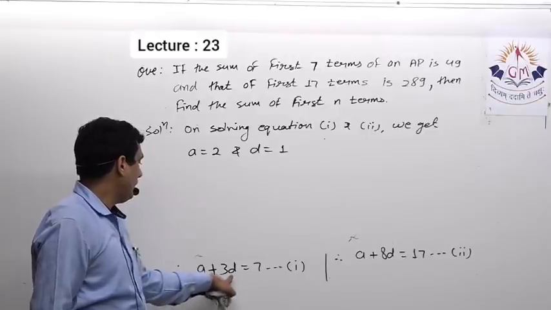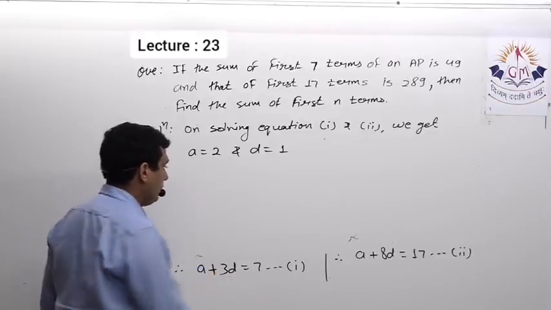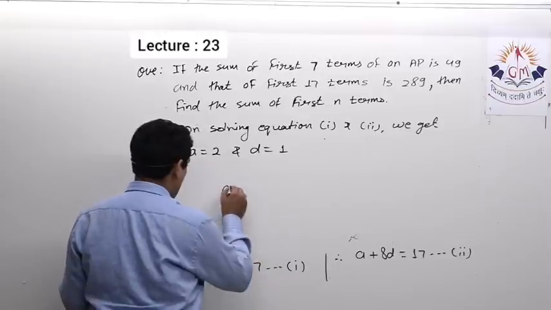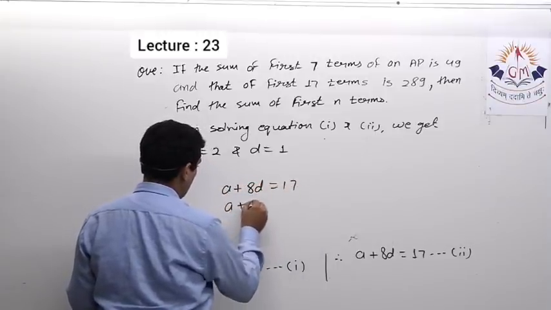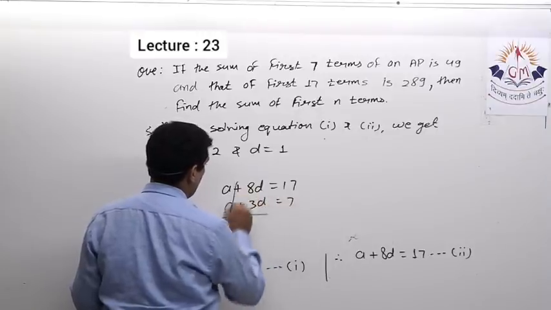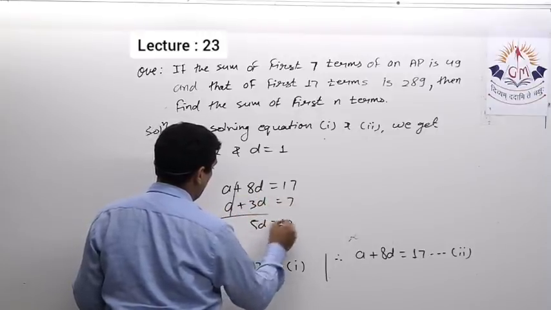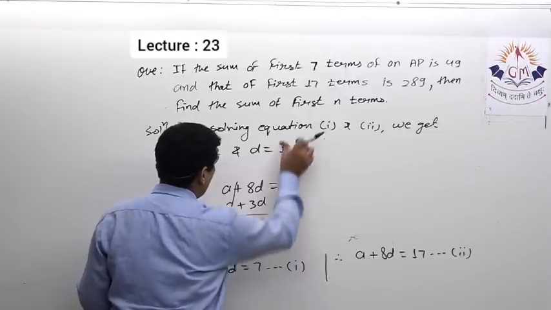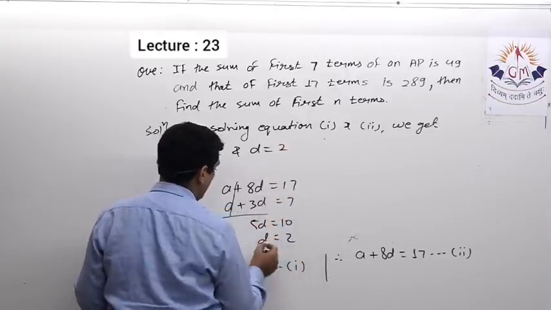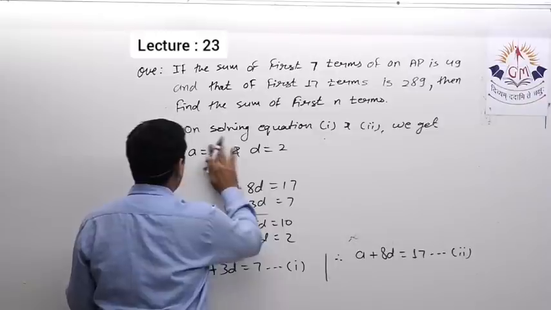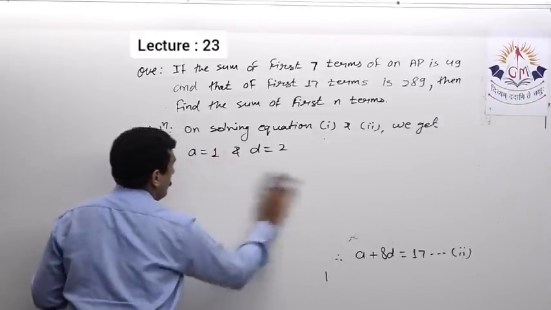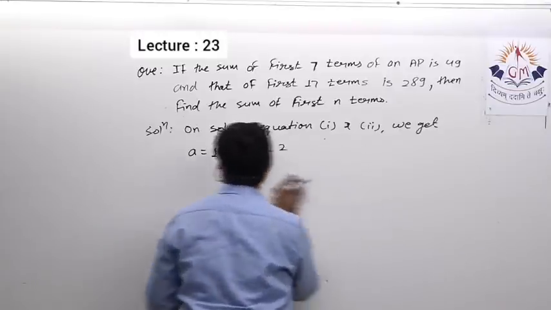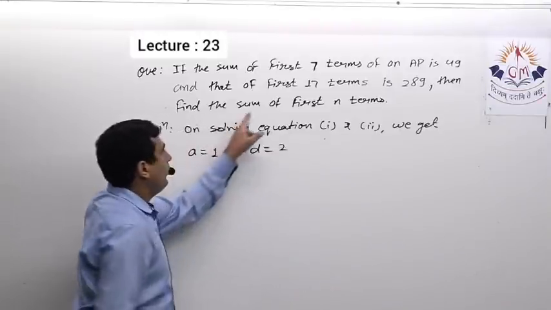Let us check once again. a plus 3d is equal to 7, 5d is equal to 10, d is equal to 2. Okay, d equal to 2 and a equal to 1. So now we'll put this value in the sum of n terms.